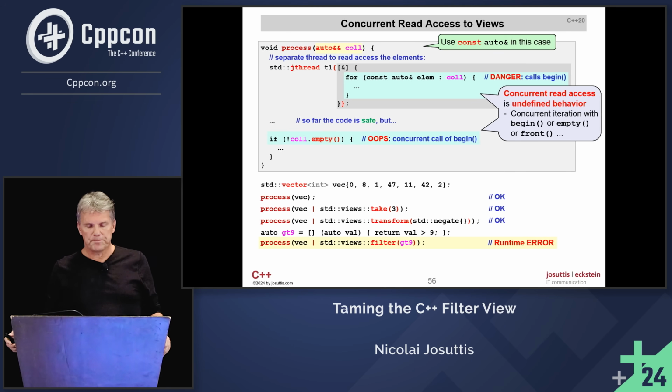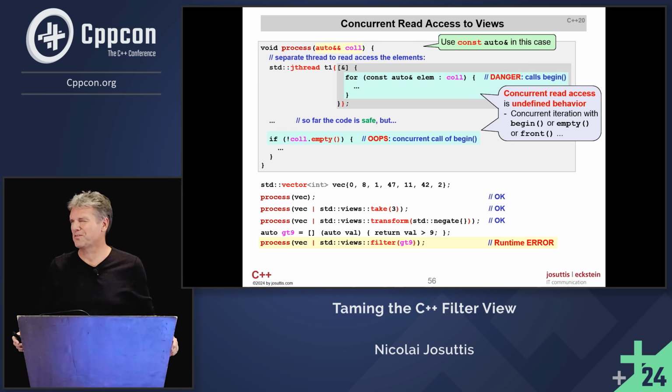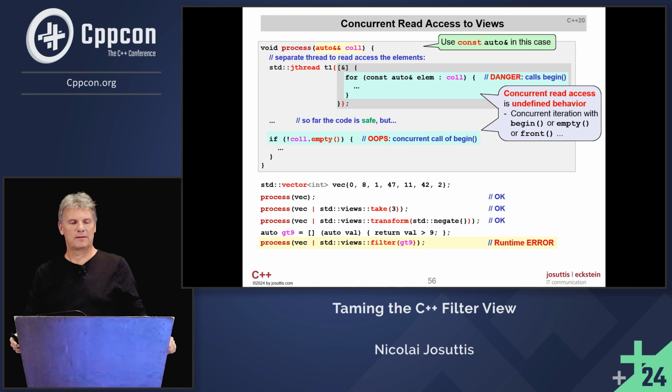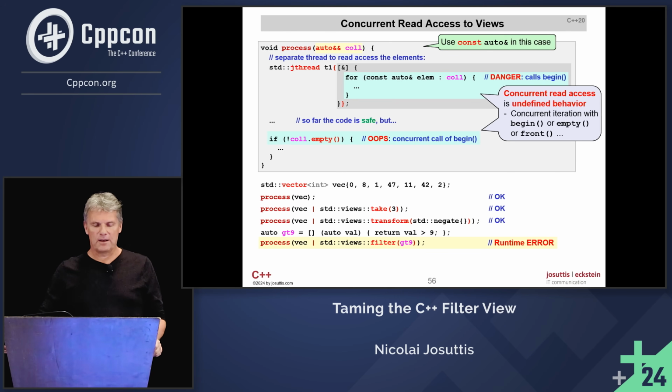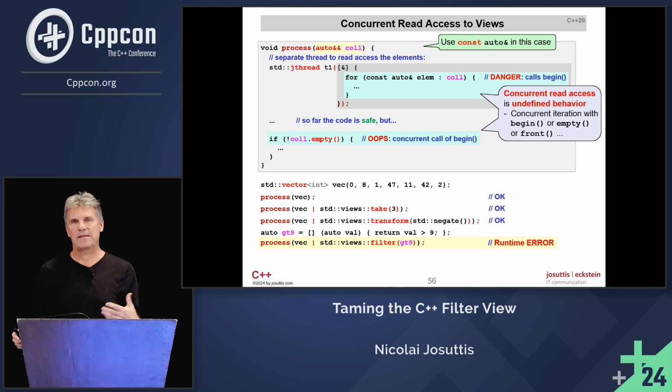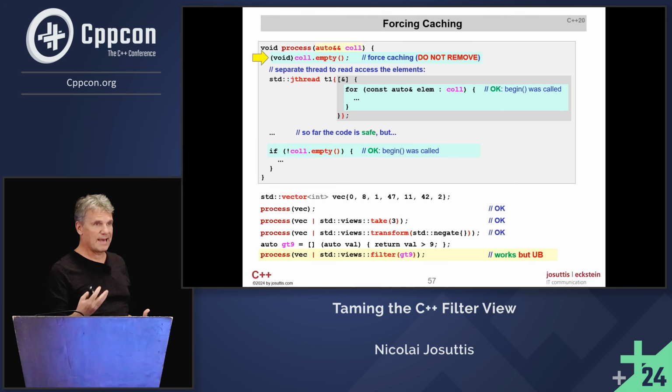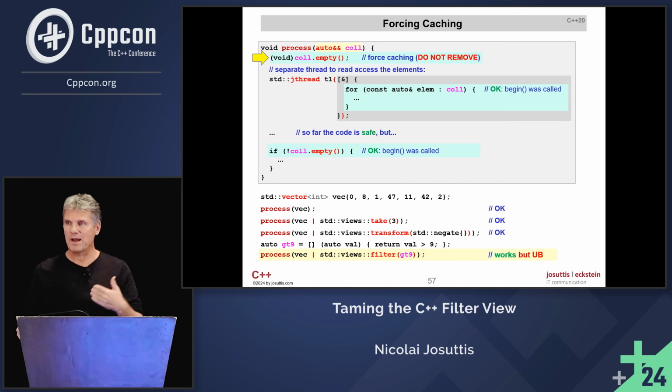Now, there's an interesting workaround to make this code compile. Everybody hates me about this slide that's coming now, but it's funny. You could call, before you start the two threads, you could call empty. That initializes begin in the cache, and now we are safe.